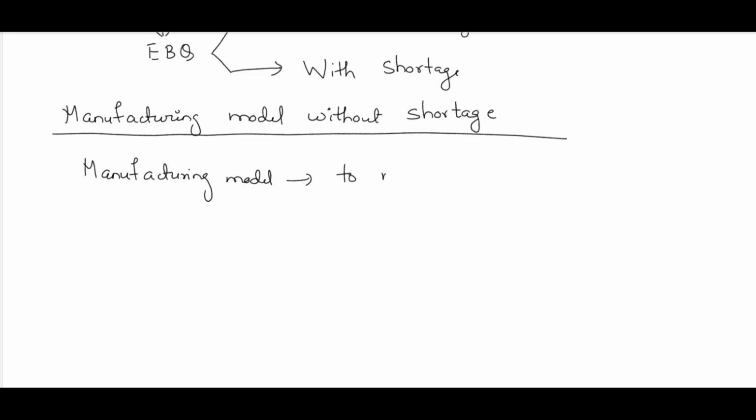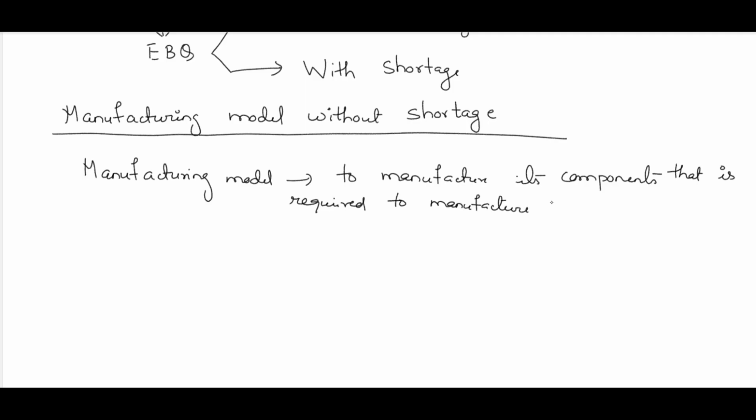To manufacture its parts or components that are required to manufacture the main product is known as your manufacturing model.